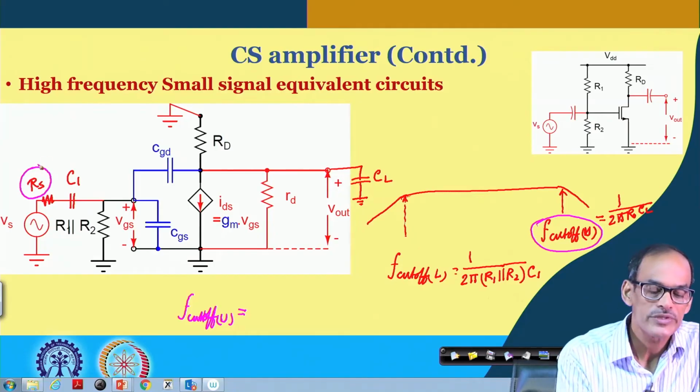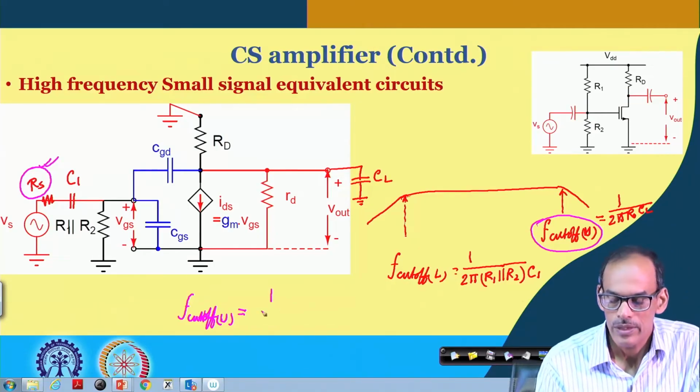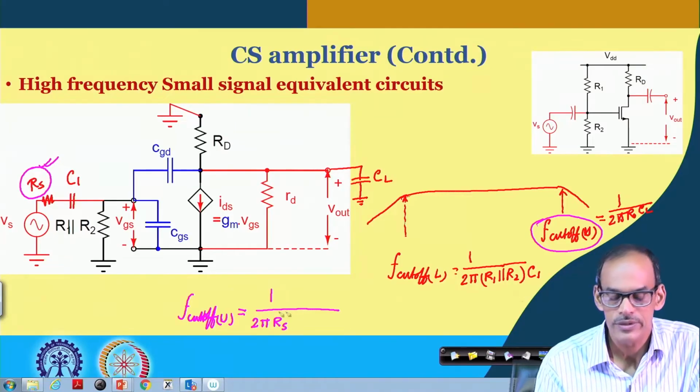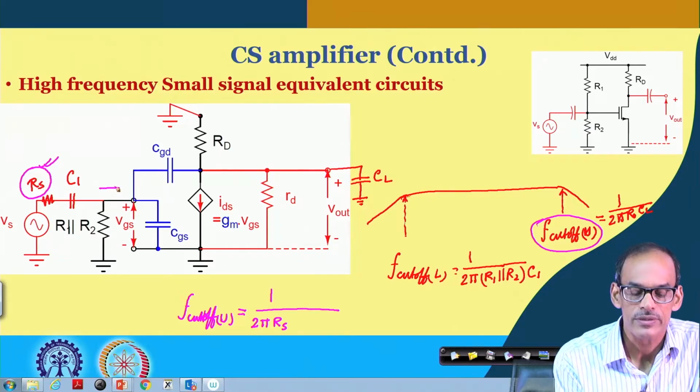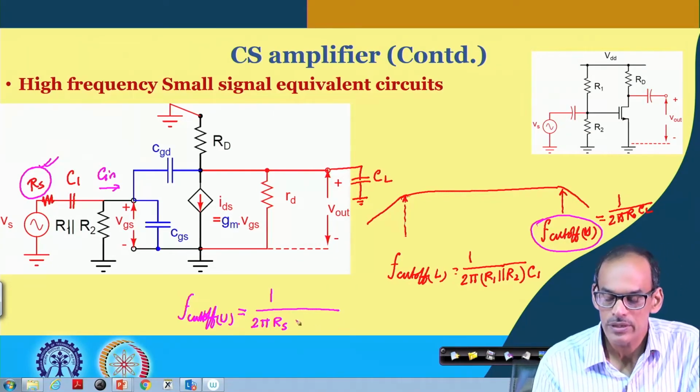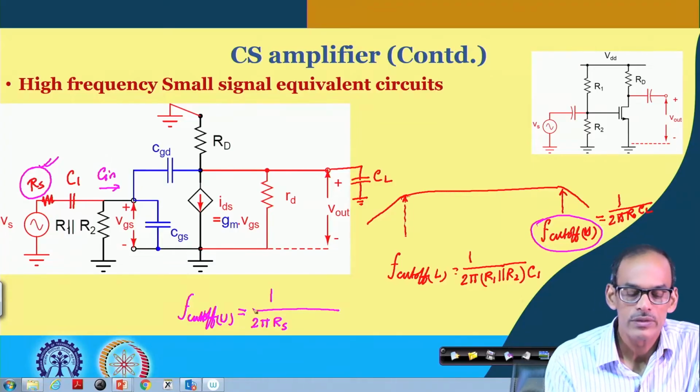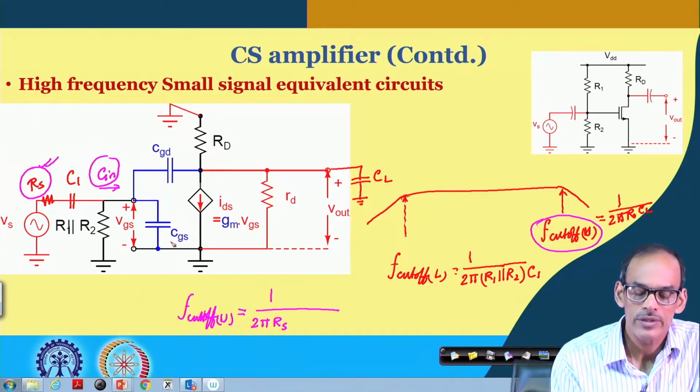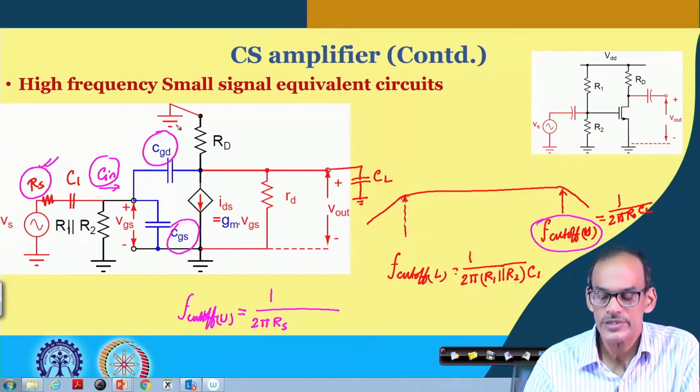In presence of this R S, the upper cutoff frequency is 1 by 2 pi into R S into the input capacitance C in. This C in has two parts: one is CGS, another is the contribution from CGD.